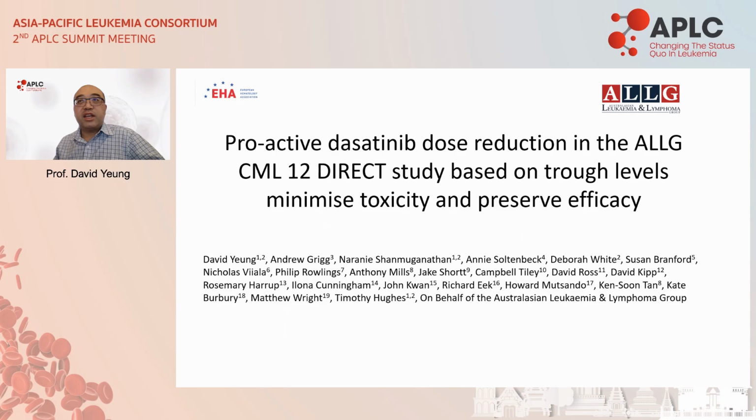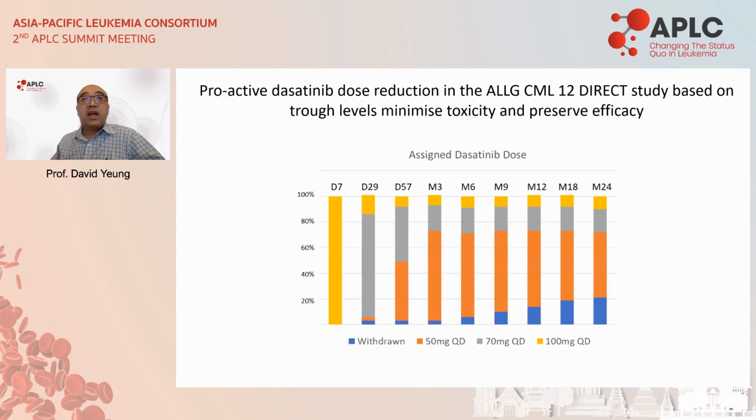We ran this study through the ALG in Australia and New Zealand, where we started patients off with 100 milligrams of dasatinib, and then we did trough levels, and we picked a dose that led to the patient achieving an effective plasma concentration.